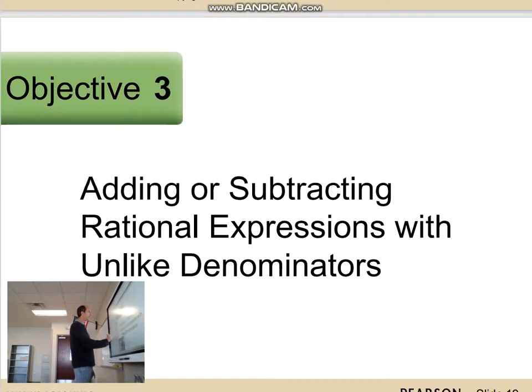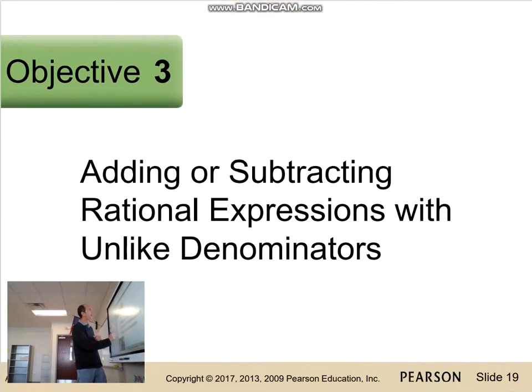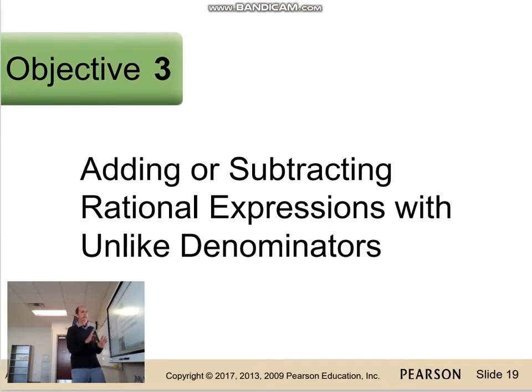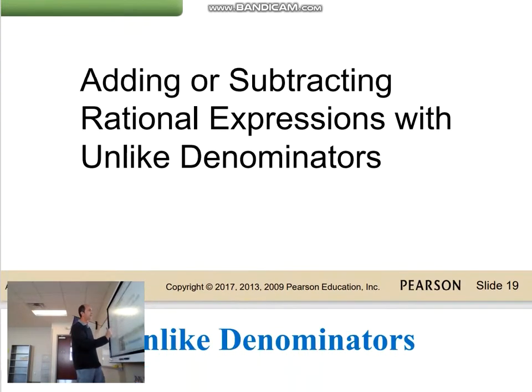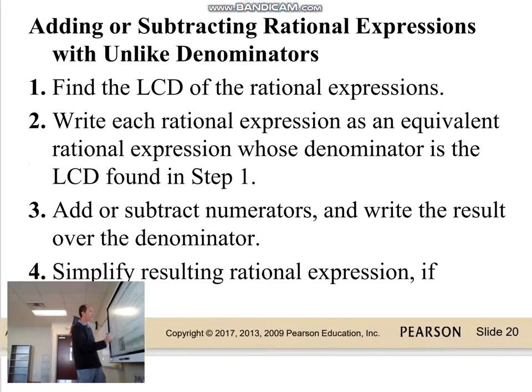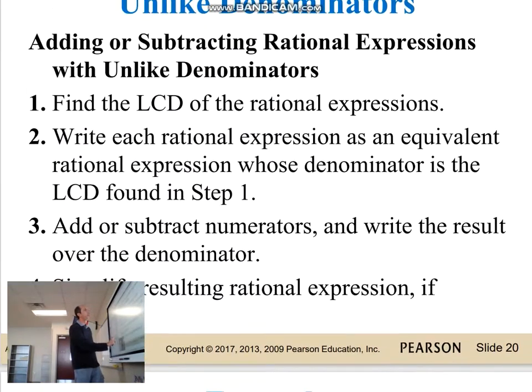Okay, next we will examine objective number 3, adding and subtracting rational expressions with unlike denominators. That's the point. That's why we are working on finding the least common denominator, to be able to add or subtract any rational expressions with different or unlike denominators.